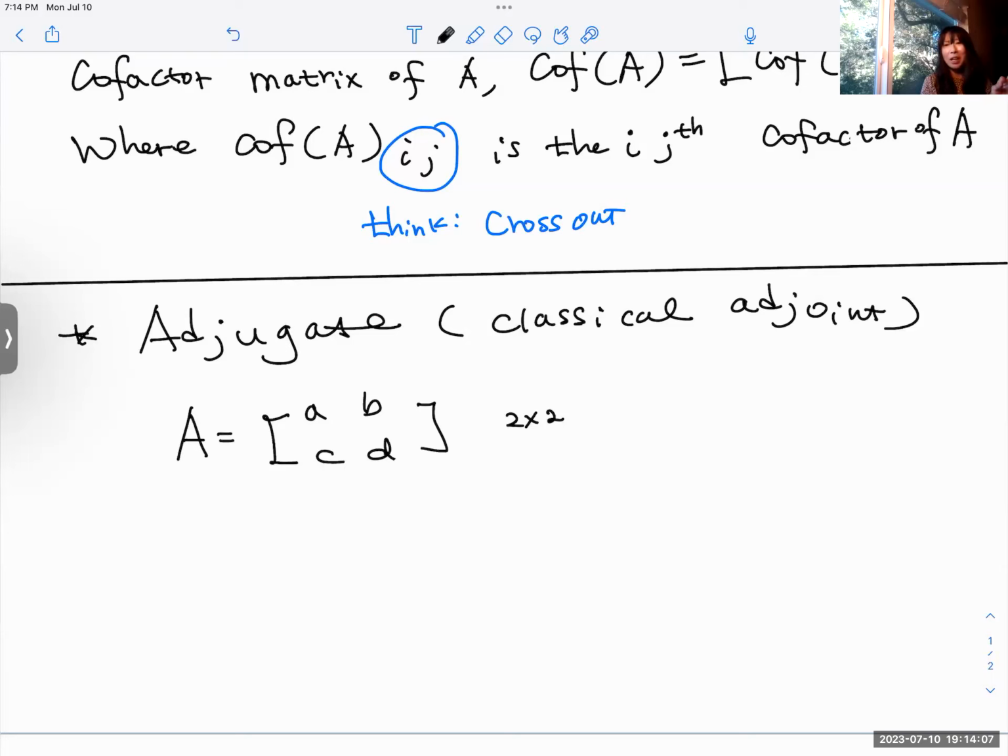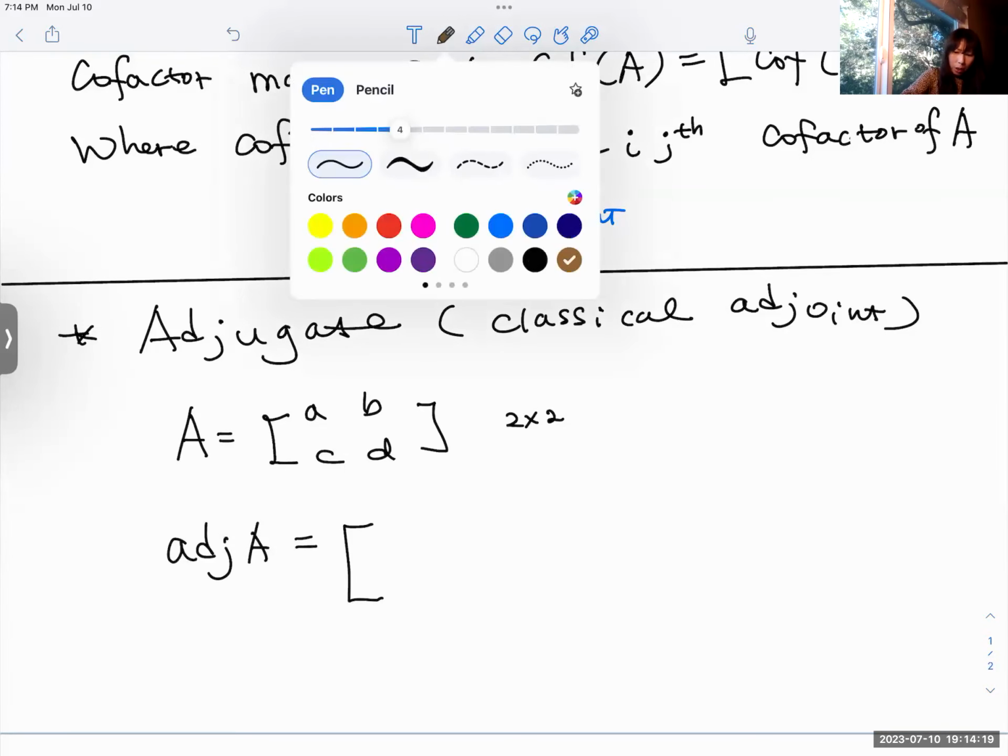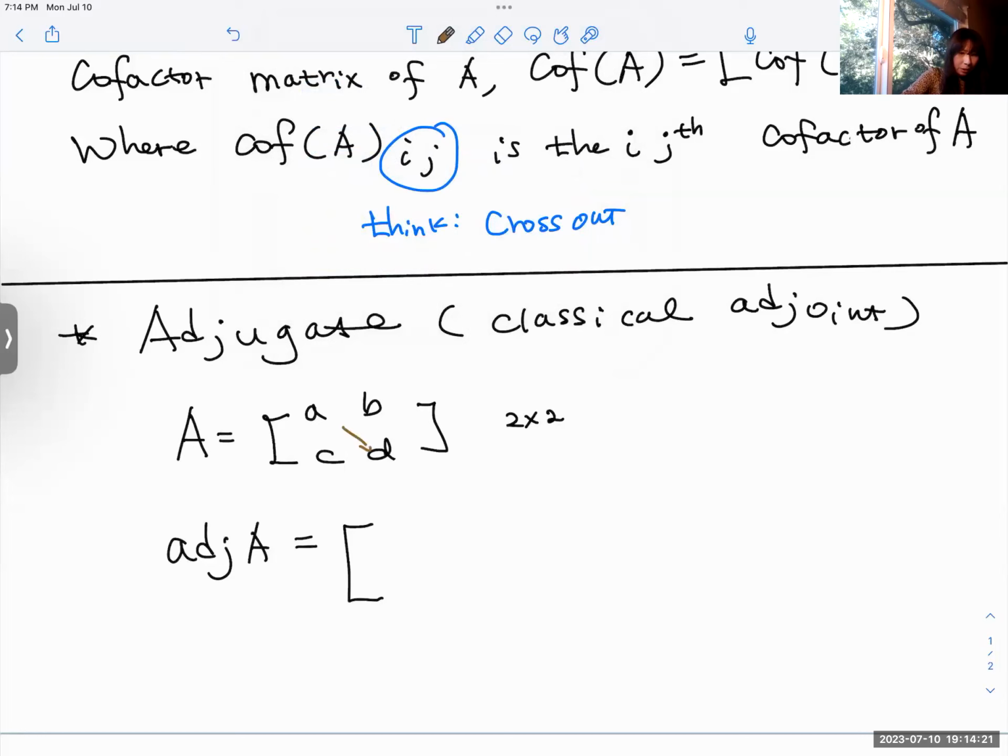That's why they have ADJ, it's the same letter, right? So adjugate of A. All right, look. We switch over the diagonal entries, then we give the negative to the other two.